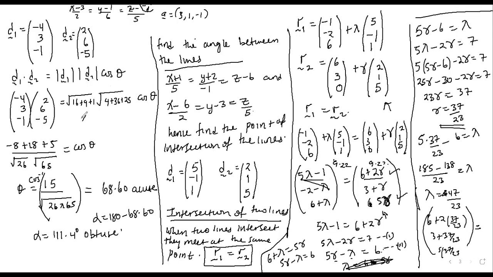So when you prove using lambda, for example, you get 9.22, 1.33, 4.14. Even when you use gamma, those items should all correspond to 9.22, 1.33, 4.14. If they do qualify and they're all the same, it means there is a point, that is the point of intersection. And it means you have shown that the lines actually do intersect, because the point of intersection is the same.